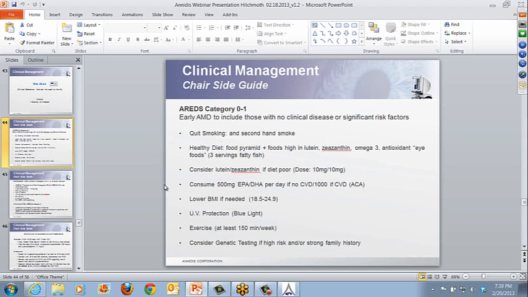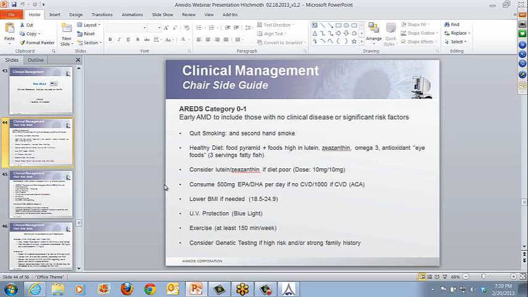That includes all of the things that everybody knows about, the dark green leafy vegetables, all the colorful fruits and vegetables, and as well, according not just to the studies relative to eye disease, but also the American Cardiac Association, the relative equivalent of 3 servings of fatty fish per week.